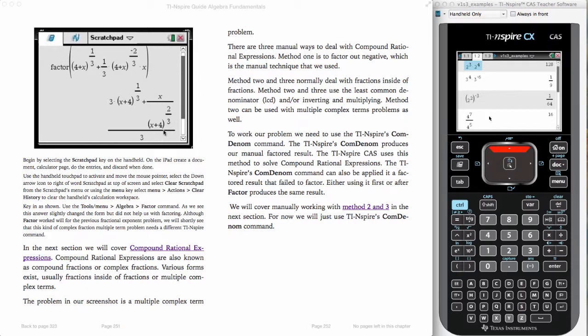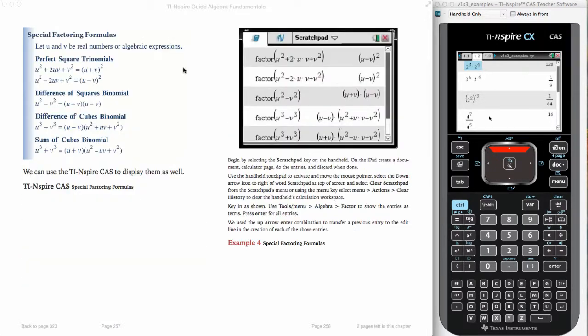Things start getting very messy when you start doing this. And the same thing shows up with our calculator. Again, the special factoring formulas can be handled by just using the factoring command.